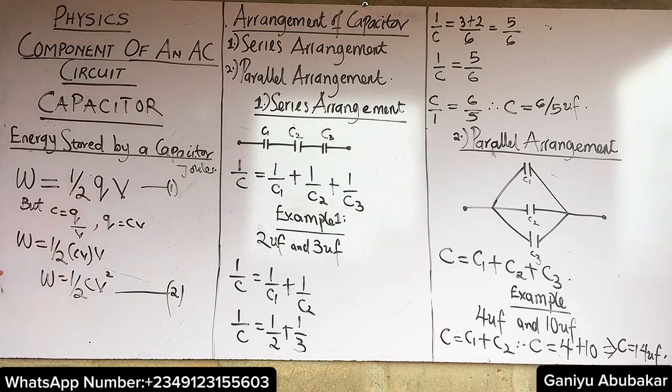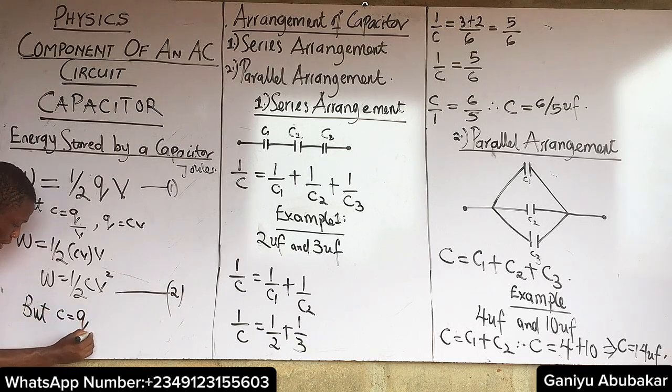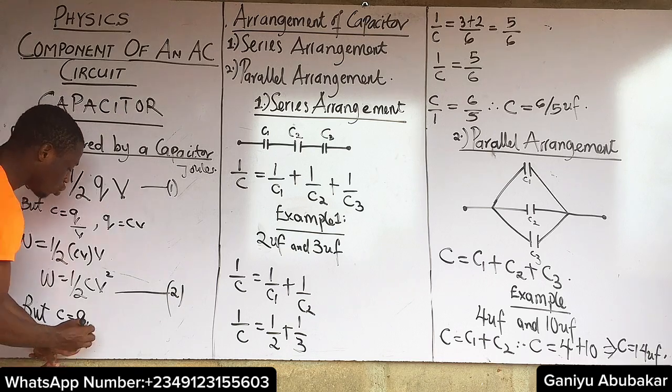Now let's take a look at another expression for calculating work done by a capacitor. We said again that C is equal to Q over V, right? Let's make V subject.